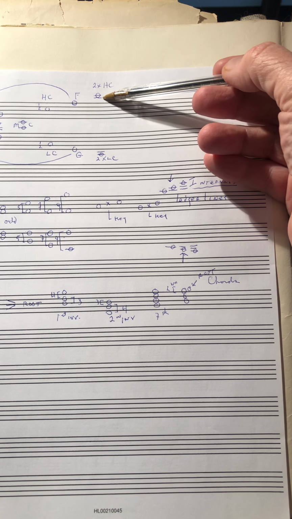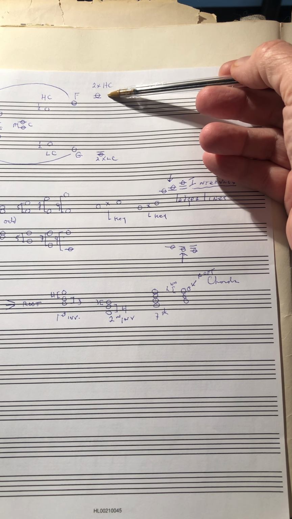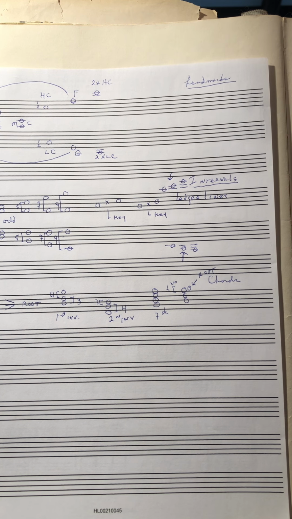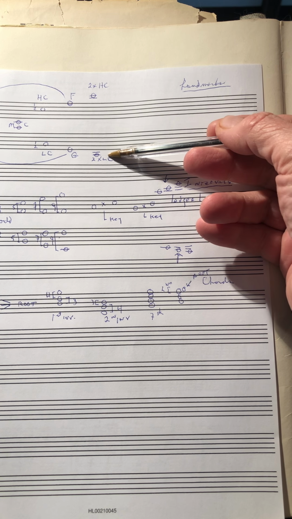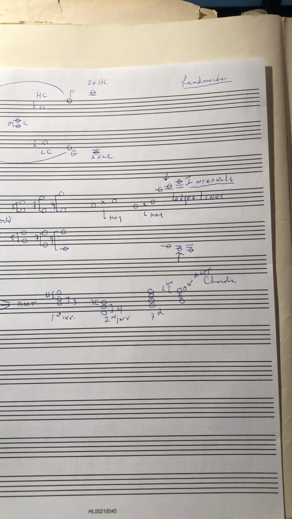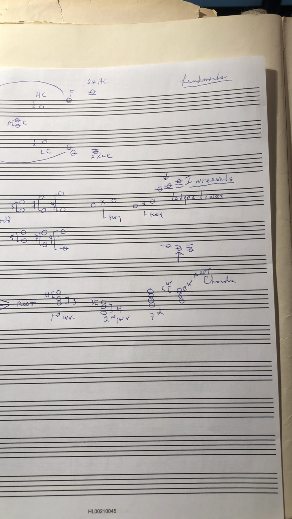A ledger line extends the staff beyond the 5 lines and spaces that are given. 2 ledger lines above the top line is double high C. 2 ledger lines below is double low C. Okay, those are your landmarks. Those are your reference points for reading all the other notes that are going to come up in a composition.